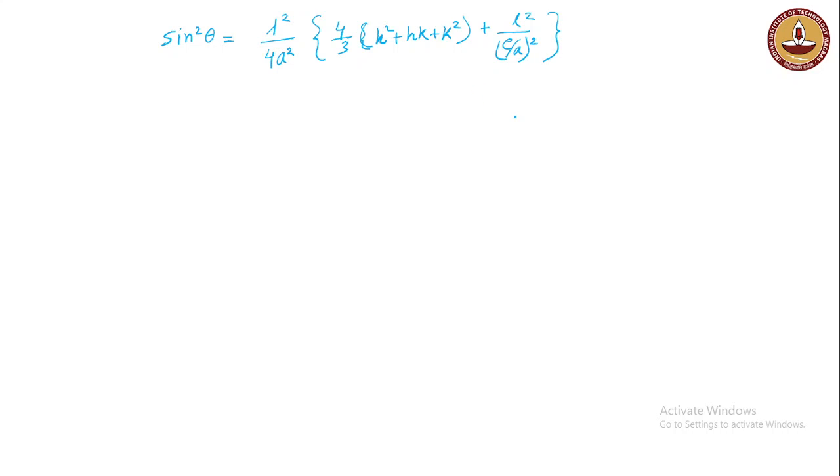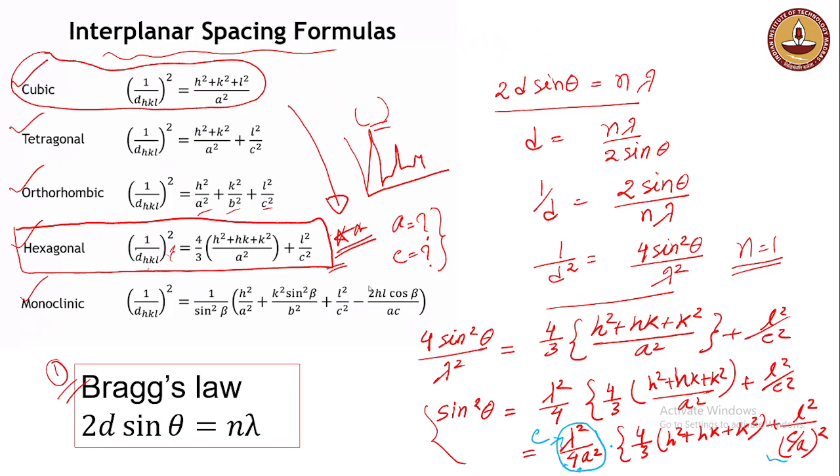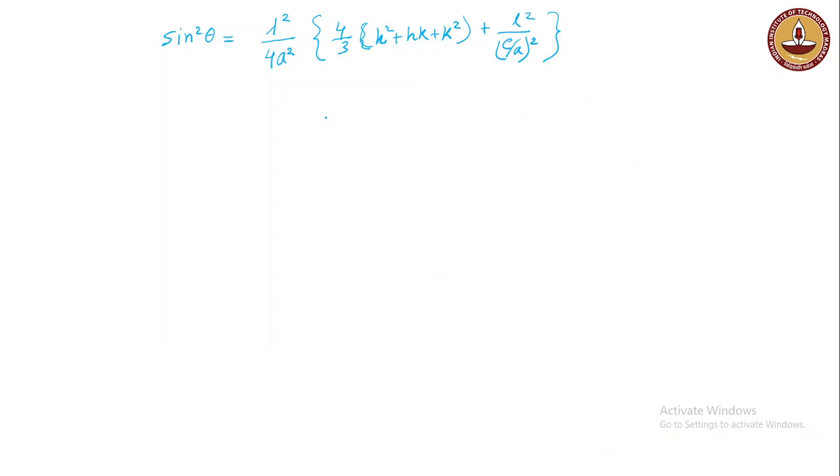Okay, so we can check here, this is the equation. So what we can say, this lambda square by 4 a square, can we write this part as one constant, let's say A, plus this part as another constant, say B. So we have A and B.